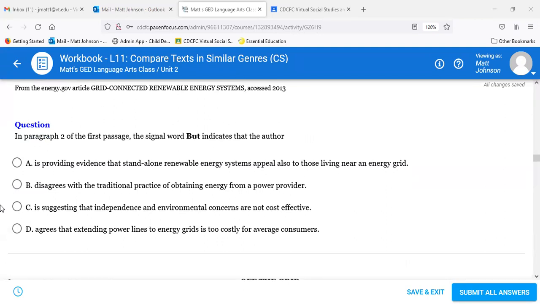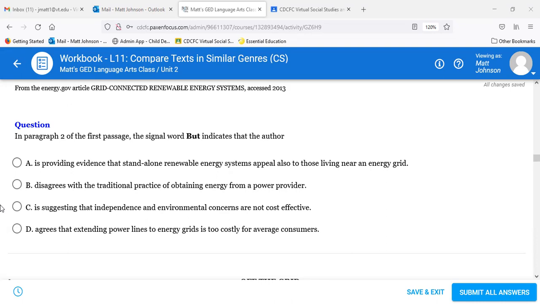In paragraph 2 of the first passage, the signal word "but" indicates that the author is: A, providing evidence that standalone renewable energy systems appeal also to those living near an energy grid.